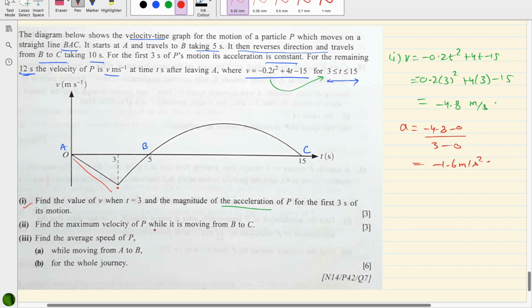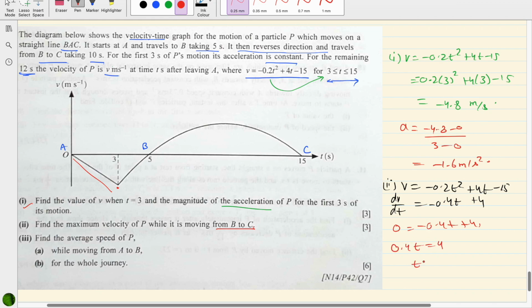Second part says find the maximum velocity of P while it is moving from B to C. So while moving from B to C, this is the maximum velocity, and the equation part will give it. For maximum velocity, we need to do the derivative. Velocity is negative 0.2 t square plus 4t minus 15. So dv by dt is equal to negative 0.4 t plus 4. We set it to 0 to get the maximum point: negative 0.4 t plus 4 equals 0, 0.4 t is equal to 4, t is equal to 4 divided by 0.4, which is 10.